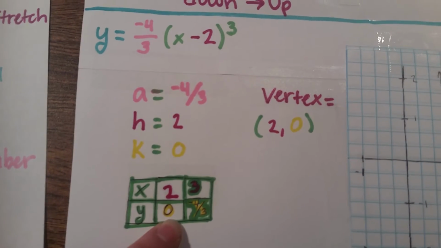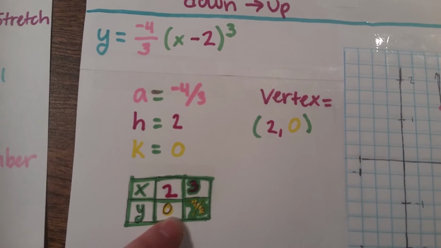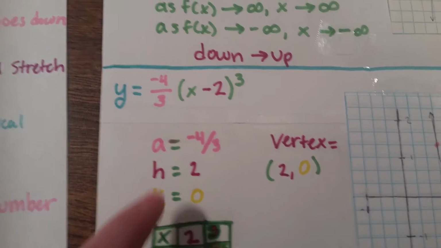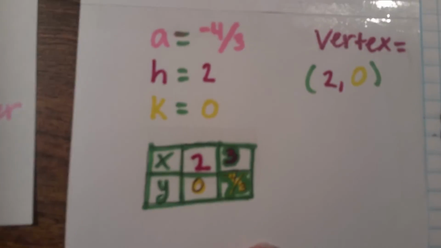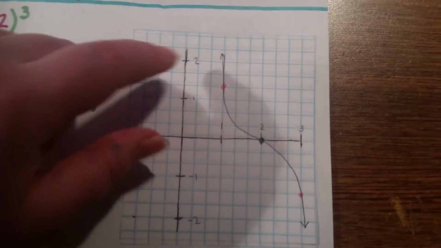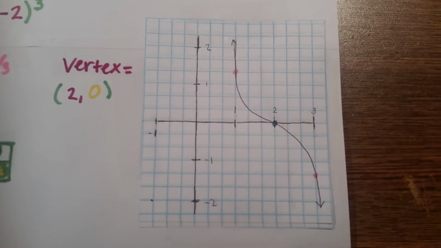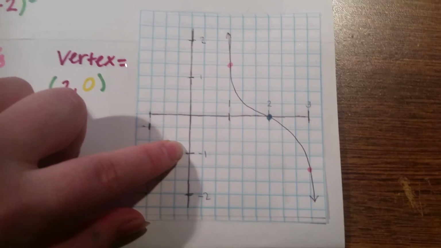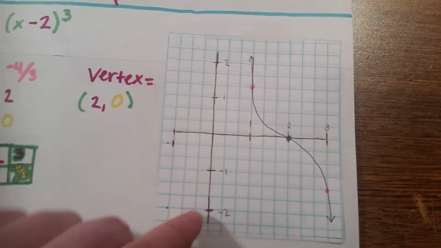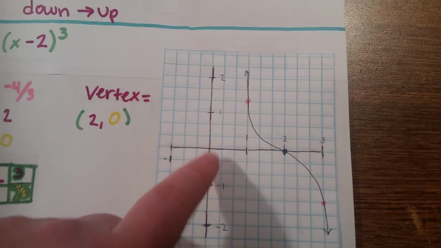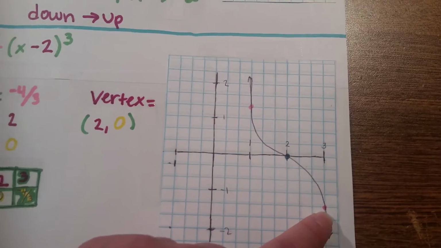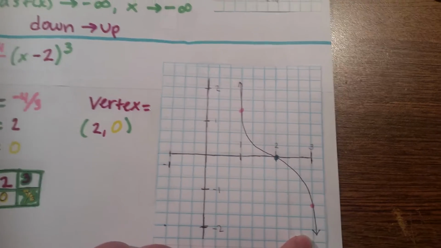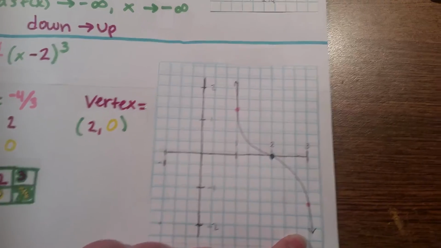And k plus a is 0 plus negative 4 over 3, which gives you just negative 4 over 3. So with this graph, I've drawn it so that it goes by threes so that we could do fractions more easily. See that this is 4 out of 3 and it goes down. So it's graphed in this way.